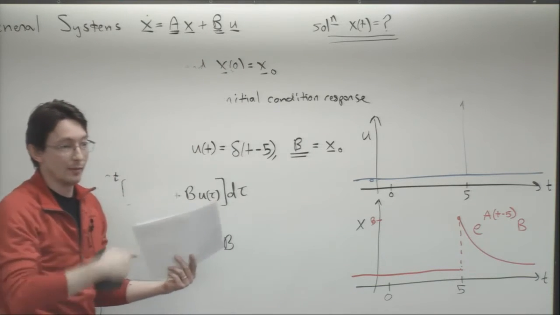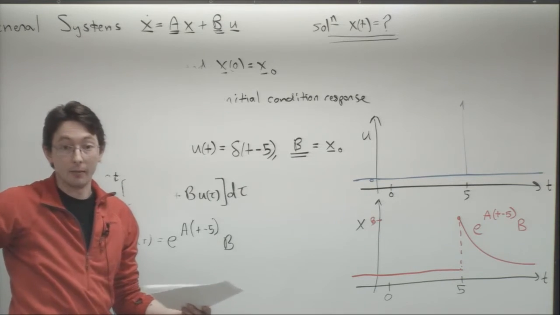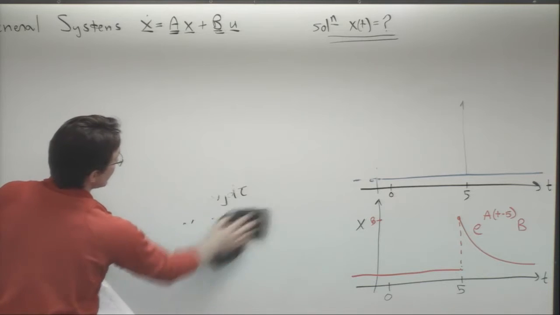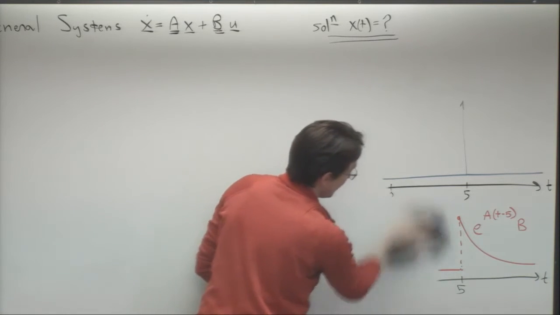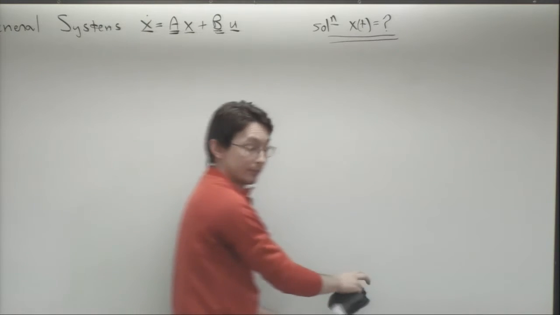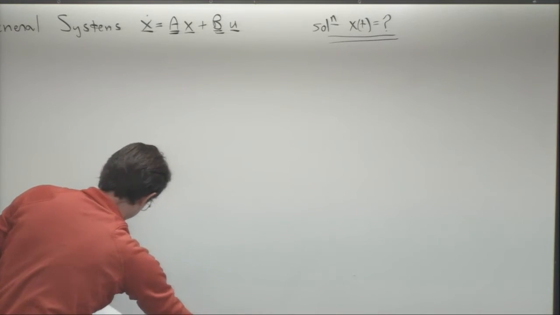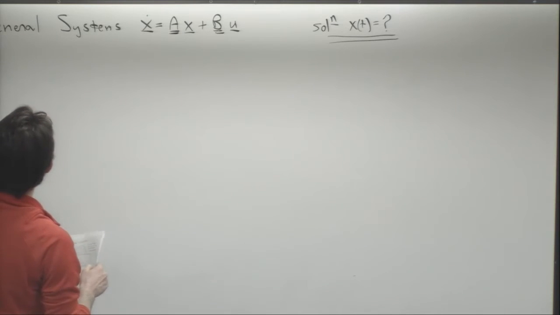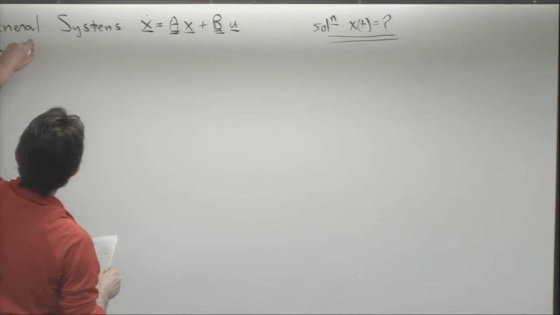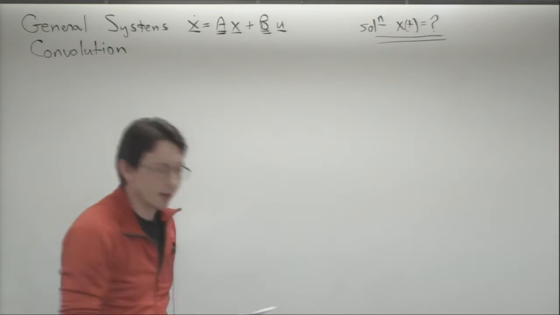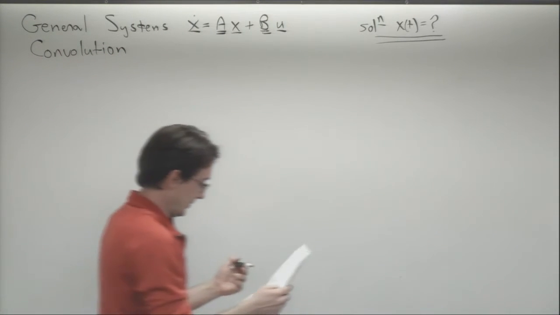You can just email me some vector u in time, and I can run this through my simulation. And I'm going to assume that u is a train of very weak impulses. So for the general system, we use convolution. This one's a little hard to draw because it takes a lot of vertical space, but I'll do my best.